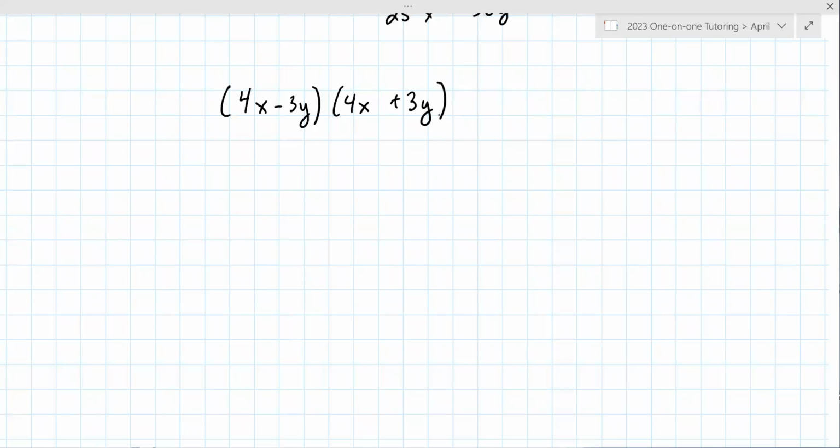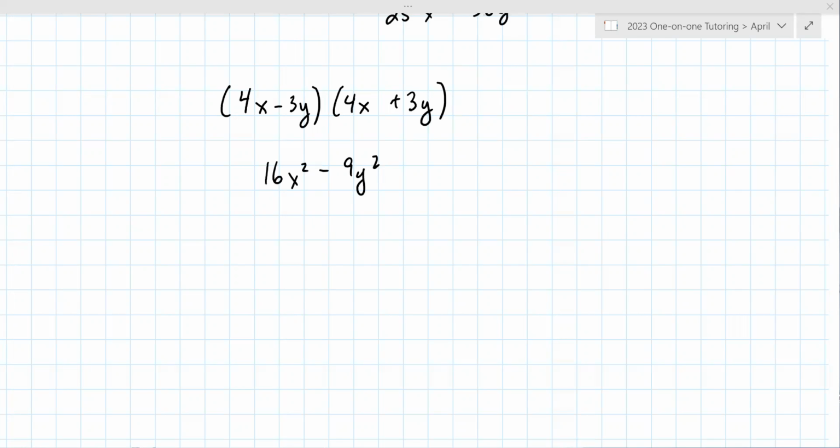Then the last are negative 9y squared. Two middle ones cancel out. 16x squared minus 9y squared. Very good. Really good. Do you have any questions on that? Because that was perfect.